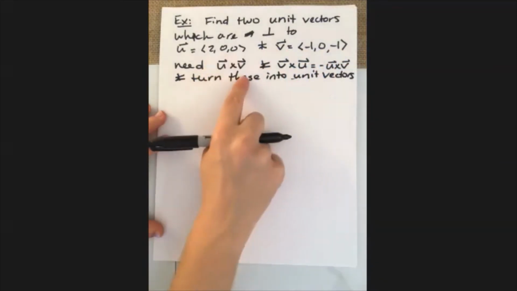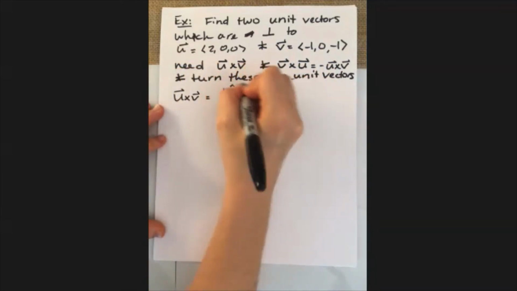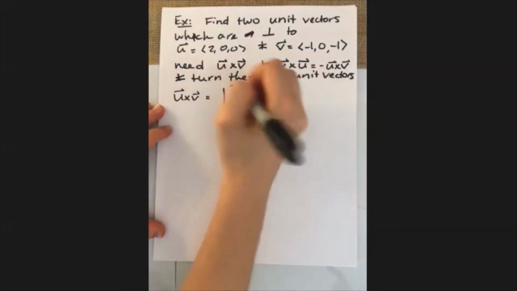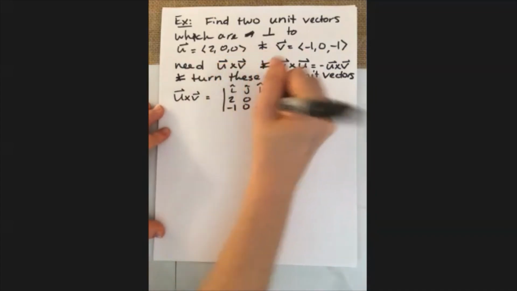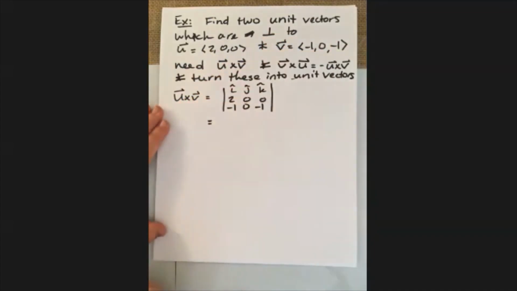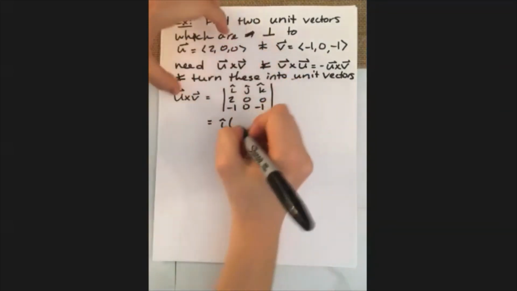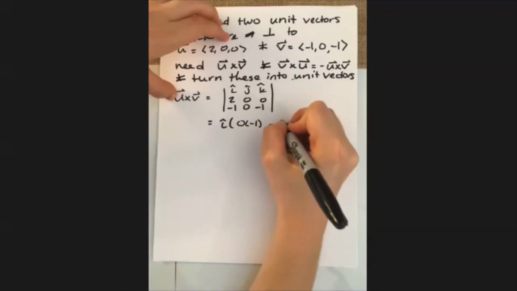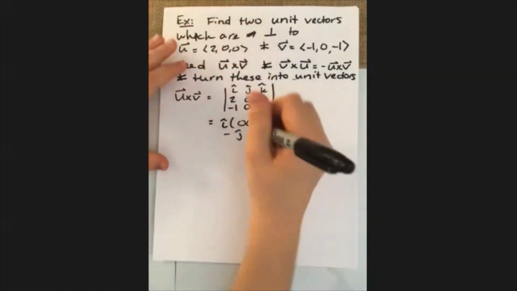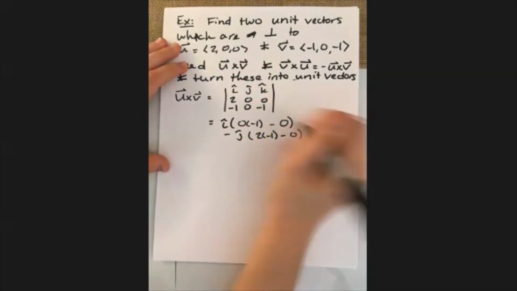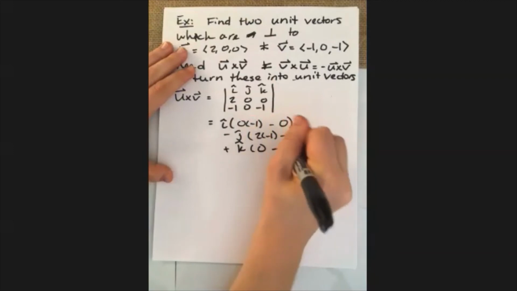All right, so we're going to start by computing u cross v. This is equal to the determinant of the i hat, j hat, k hat in the first row, and then we put u into the second row, v into the third row, like so. Take that determinant, and we get i hat times 0 times -1 minus 0, minus j hat times 2 times -1 minus 0, and then plus k hat times 0 minus 0.